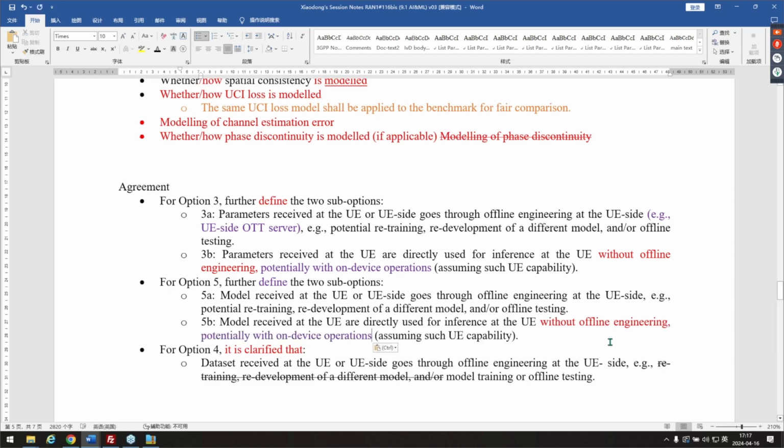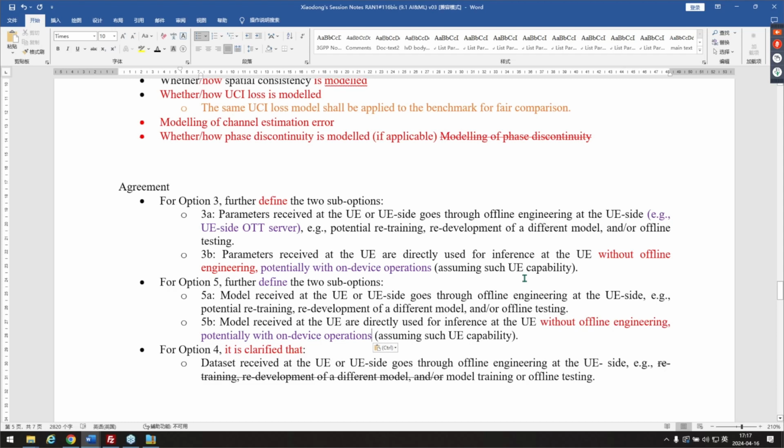Yeah, and then another comment is that at the end of 3B and 5B, there is some parenthesis saying assuming such UE capability. So that's meant for the entire sentence. It's not meant for the last phrase. The way that it's written currently is a bit misleading, I would say.